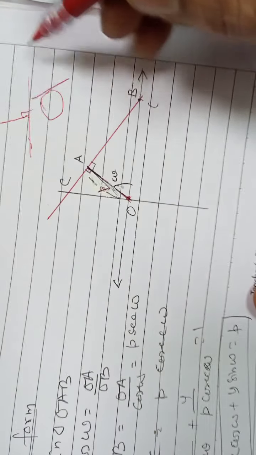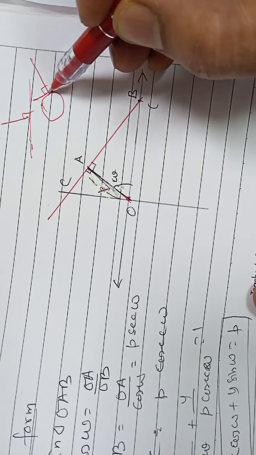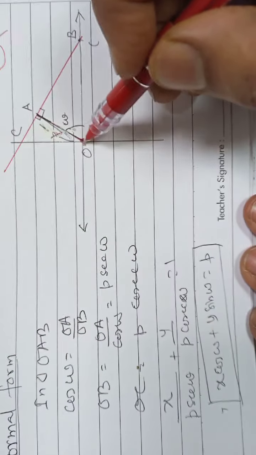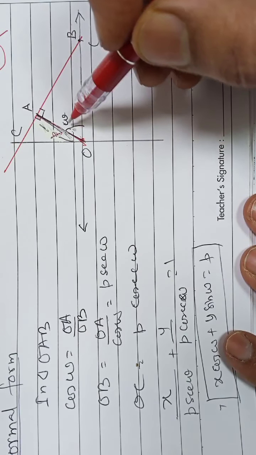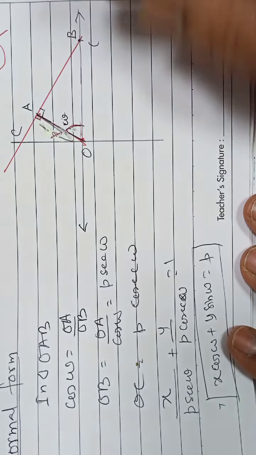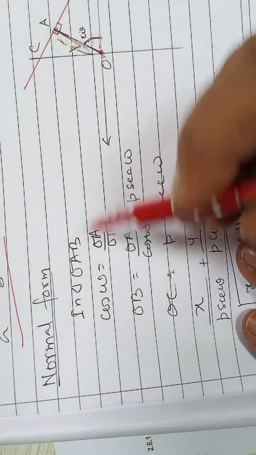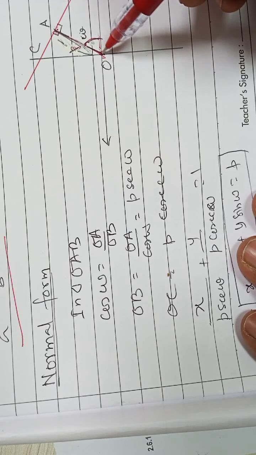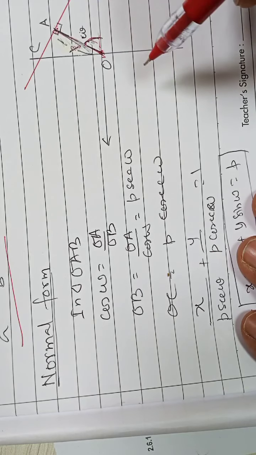This is the tangent of a circle, and this is the normal of the circle, perpendicular to the tangent at the given point. So this is called the normal. This normal makes omega with the x-axis. These are the given. The equation of a line where the length of the perpendicular is p, and the angle is omega.